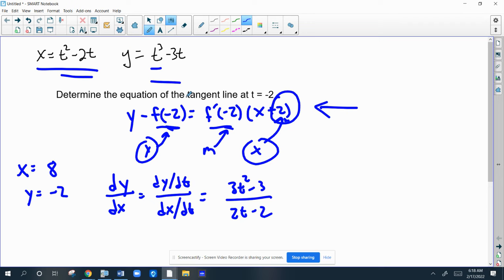So I just took the derivative of each separate parametric equation. And now we have to determine what that derivative is when t equals -2, and we're there.